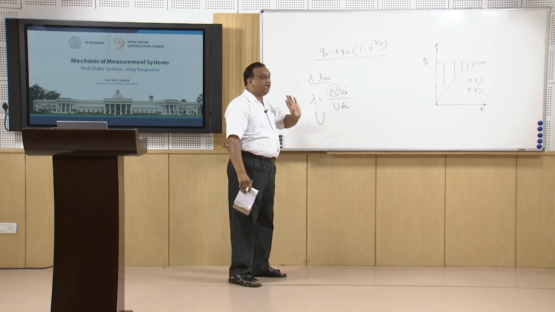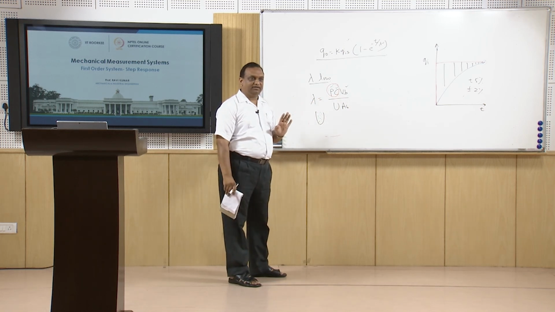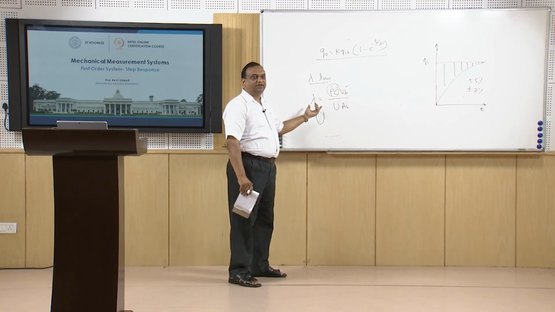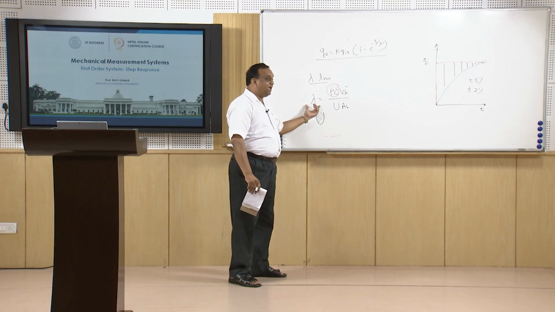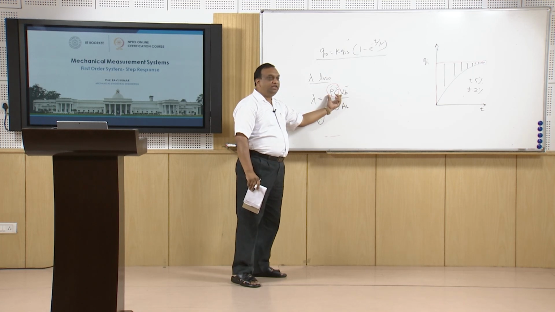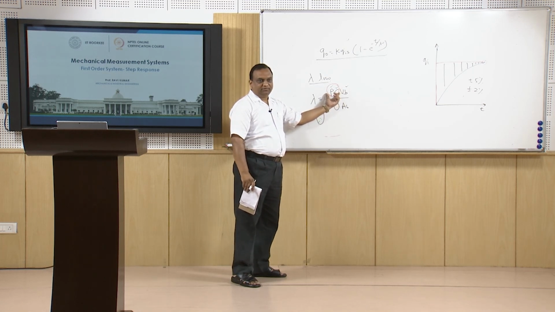Rho C has to be as low as possible. As high as possible, it will increase the lambda. So, in order to have a low value of time constant, this rho C has to be as low as possible.